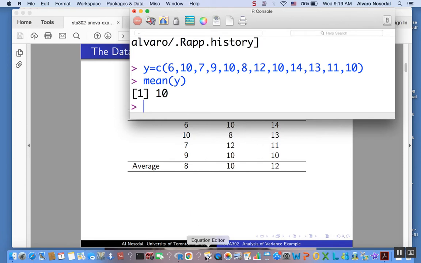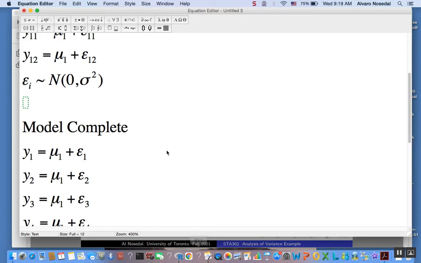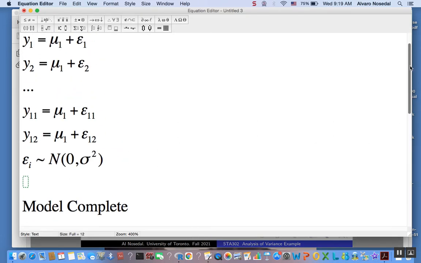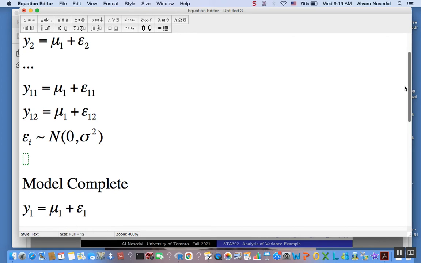Now, let's talk about these two models, the reduced and complete model.